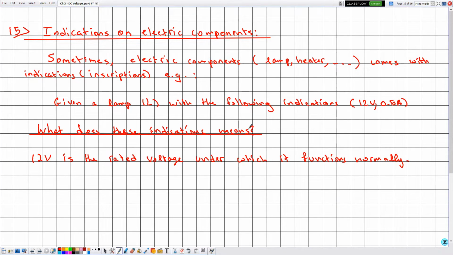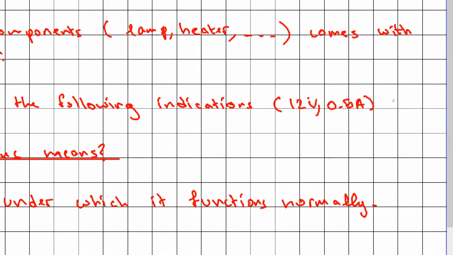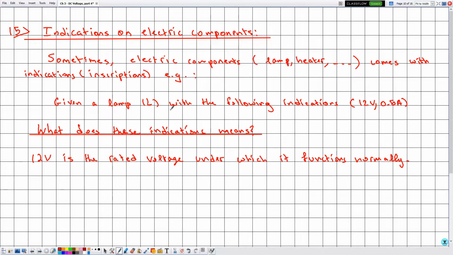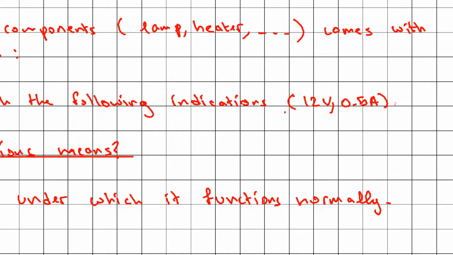Whenever we have a lamp L that carries the indication 12 volts, this means that in order for the lamp L to shine or function normally, it must be fed by an applied voltage of 12 volts. So usually these numbers are referred to as the indications or the rated voltage or the rated current.